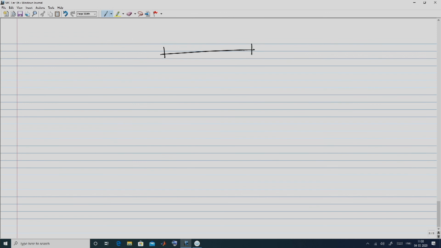So, this means that I have this interval 0 to capital T, and this is 1 year, 2 year and so on, and in each year I compute the interest m number of times.